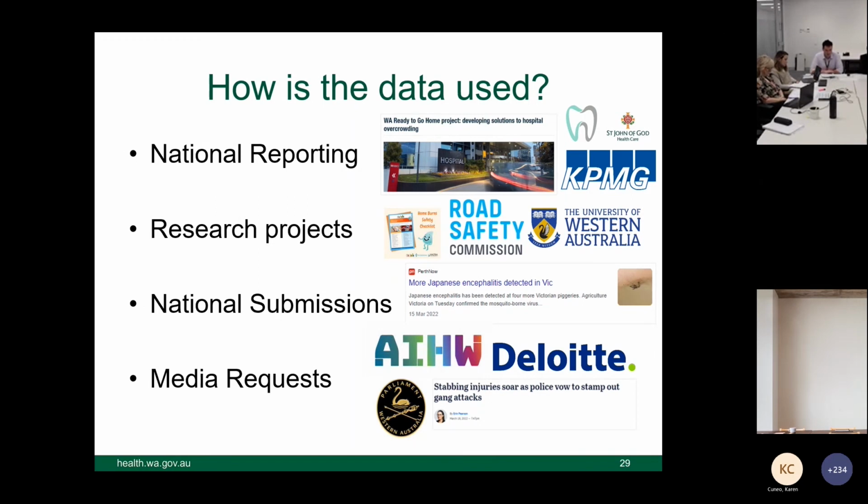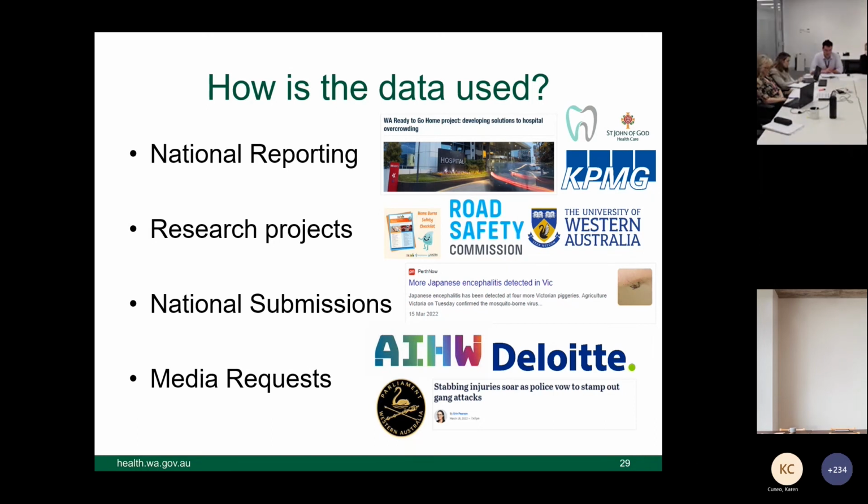As for some other uses of the data, there are many interesting examples of where data in our collections is used to support important outcomes in the community. One of the regular data requests that we receive is from the Road Safety Commission, who compile a road trauma trends report.